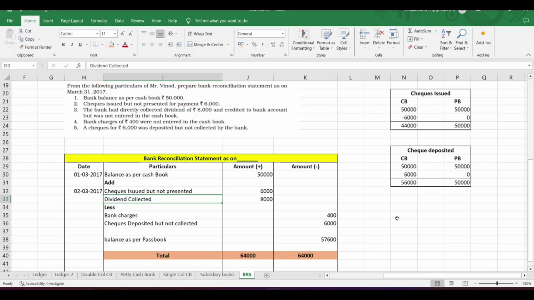Very important things to remember. First, checks issued but not presented have to be added. Why do we have to add? Because there is no transaction found in the passbook. For that case we have to add it. Secondly, any increase in the balance of the bank account will obviously be an increase in the cash at bank account too, so it has to be added.